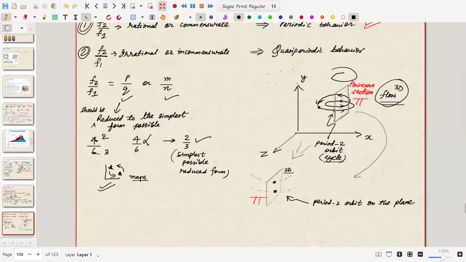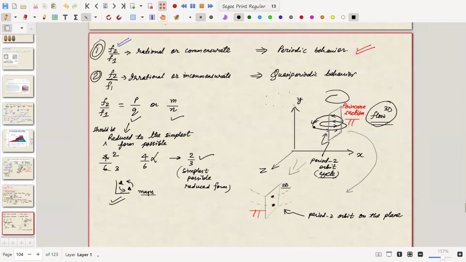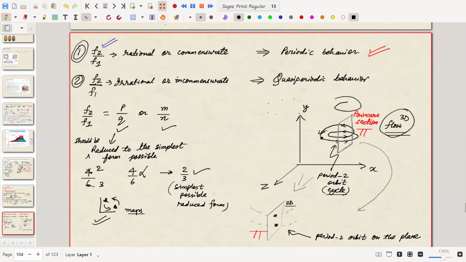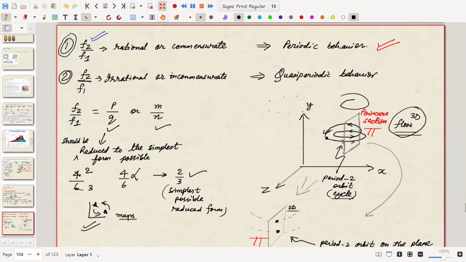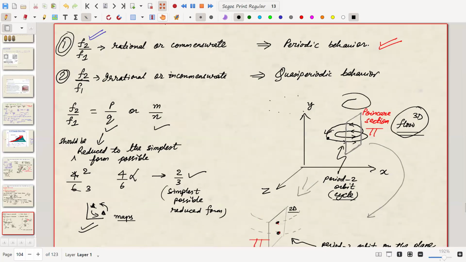Fine. I also gave you an intuition for why a rational ratio is periodic. Suppose, forget about maps, go to a differential equation case, the flows, 3D flows. So this is the 3D flow, and we are considering the x, y, and z axes.